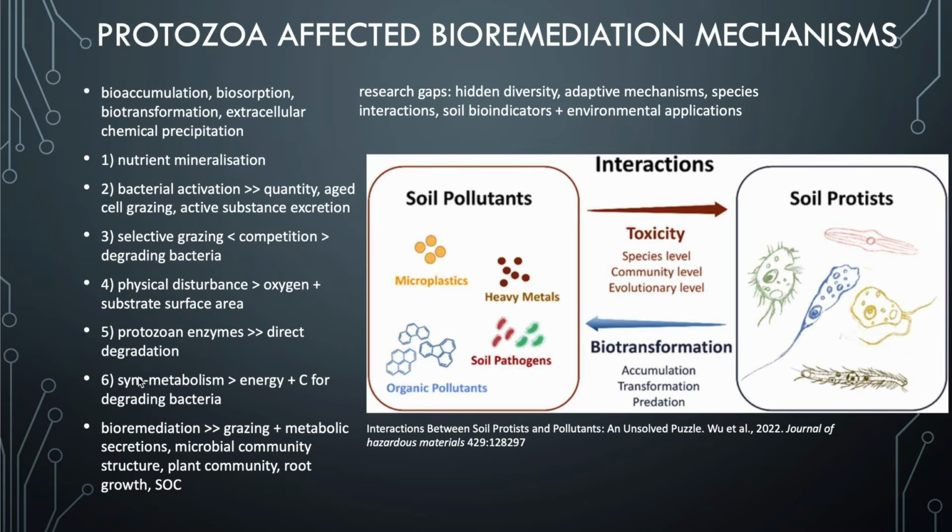And also there is symmetabolism, where bacteria, fungi, and protozoa work together to decompose particular pollutants. But also protists themselves increase energy and carbon availability for degrading fungi and bacteria. So bioremediation depends really on the grazing and metabolic secretions of protozoa and their effect on microbial community structure, and then also on the plant community that is supported by the protozoa action in the soil.